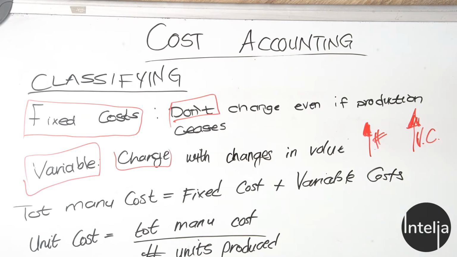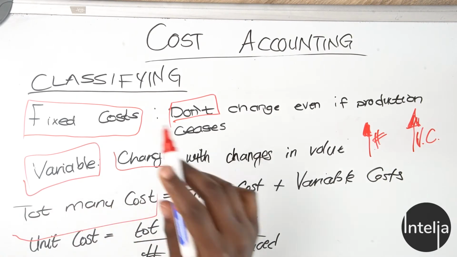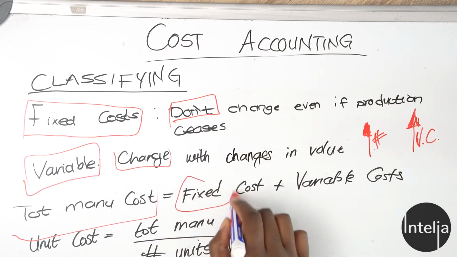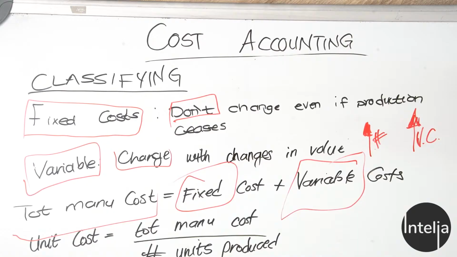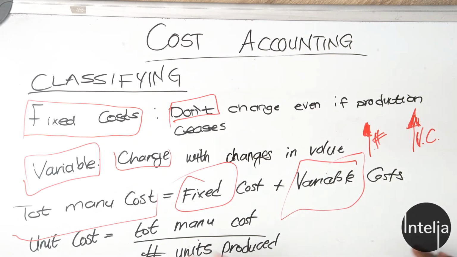And I did say there was going to be another way for us to calculate total manufacturing cost, different from the video before. This time we say total manufacturing cost is equal to fixed cost plus variable cost. Before, we were using prime cost and fixed overhead costs to calculate our total manufacturing cost. But now that we might not have those figures, we are able to use fixed cost and variable cost.